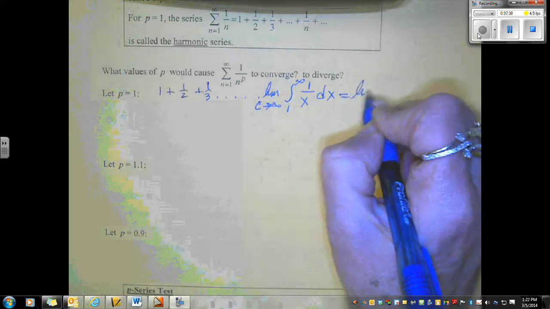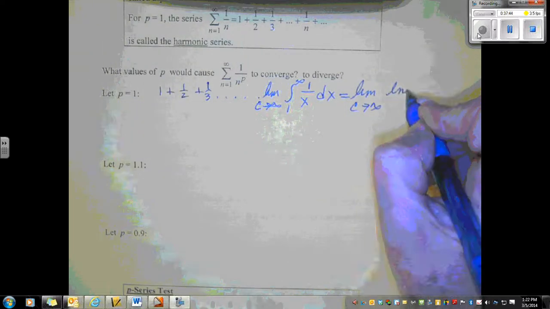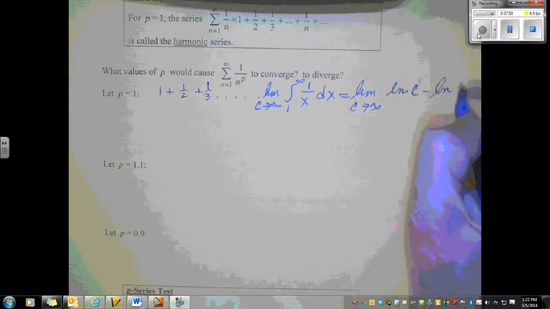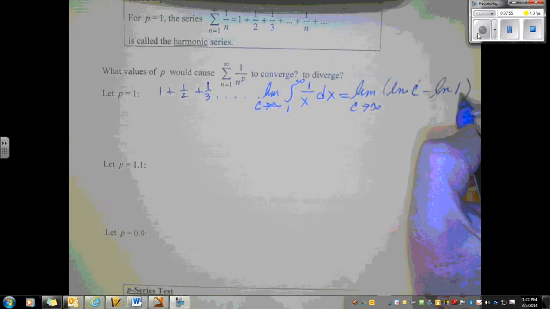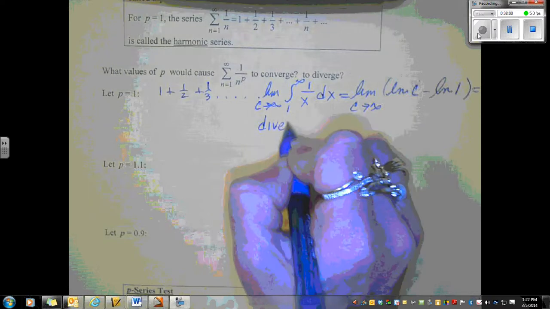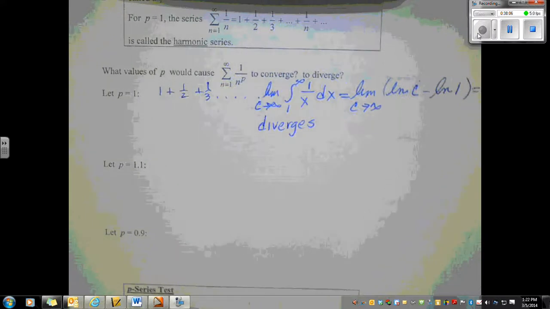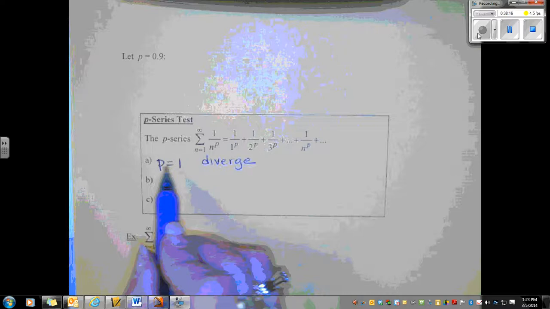The limit as c goes to infinity of ln of c minus ln of 1. So this is infinity and this diverges. Down here I'm going to write: if p equals 1, diverge.